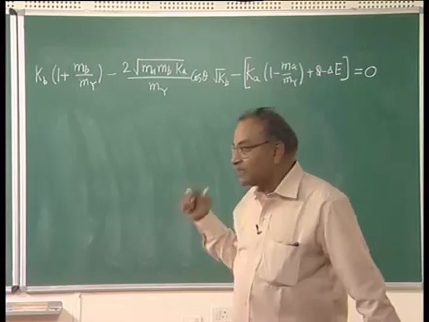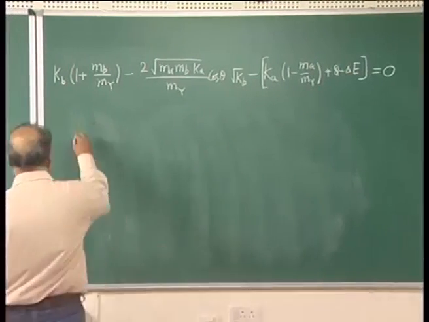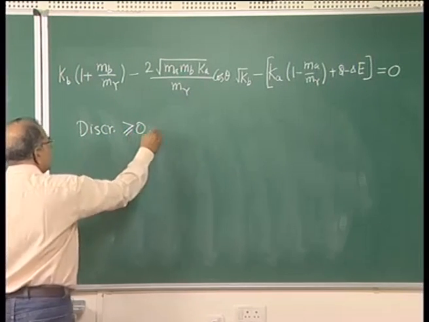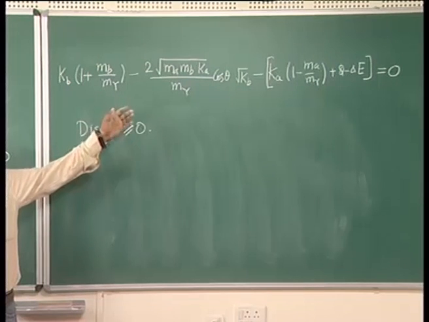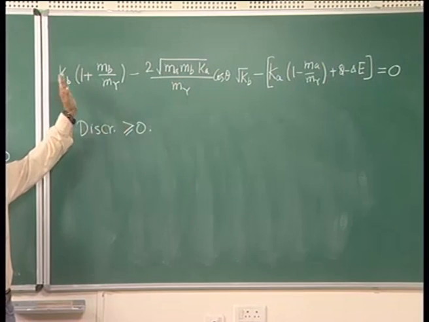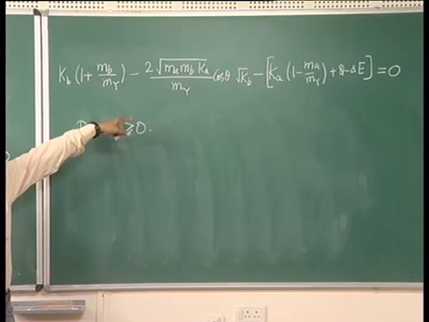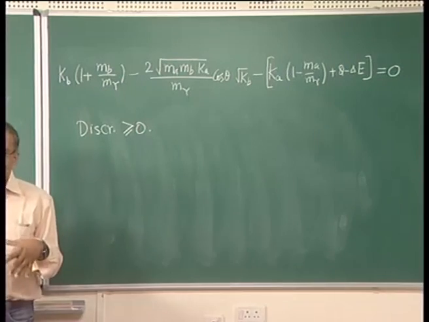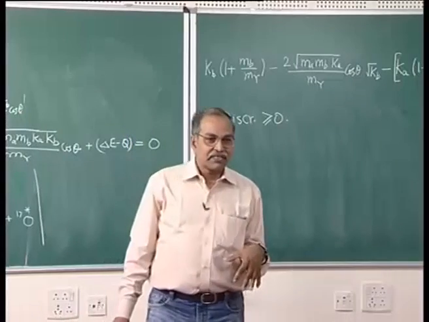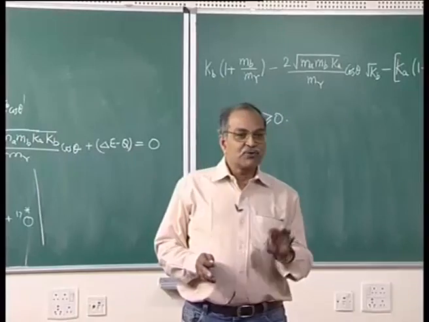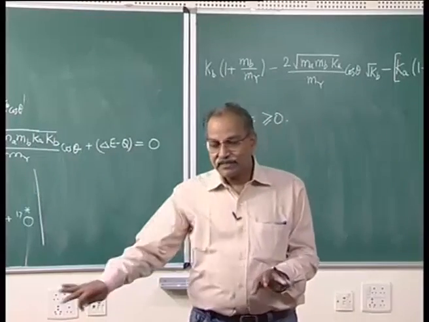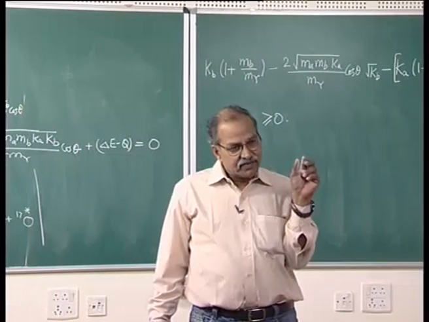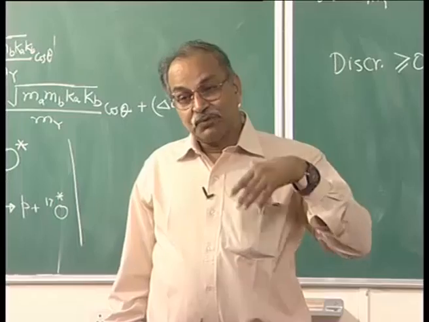So, from this equation you can put conditions. First is that the discriminant should be greater than or equal to 0, otherwise the roots will be imaginary. So, that will put a certain condition on K_A, that K_A should be at least this much. And then even if they are real, the quadratic equation has two roots. If one root is positive and one root is negative, reject that negative root and pick up only the positive root. There is a certain range in which you have both roots positive.